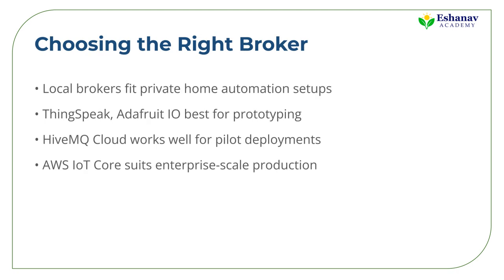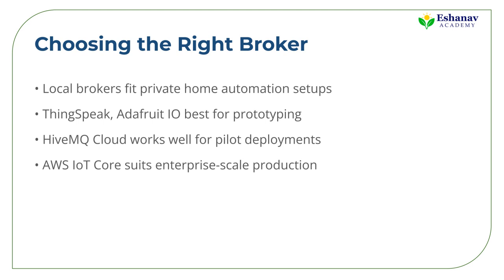Now let's connect this back to project choices. If I'm building a home automation system for my own house, I keep it simple with Mosquitto locally, no cloud dependency. If I'm mentoring students on data visualization, ThingSpeak or Adafruit IO gets them results fast without heavy setup.